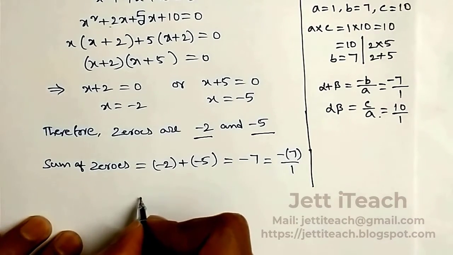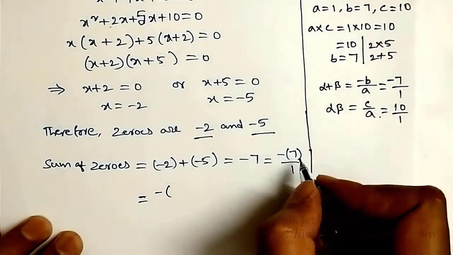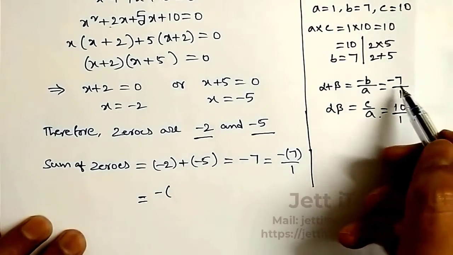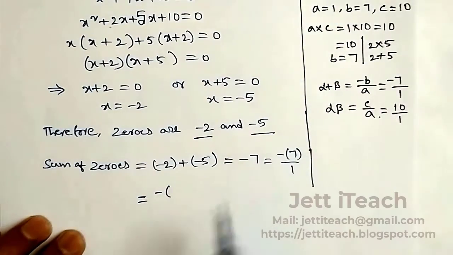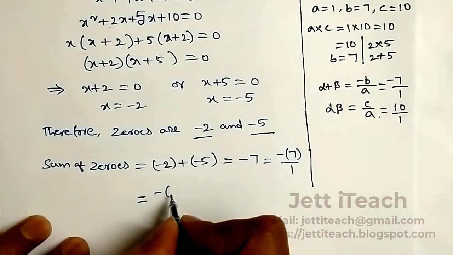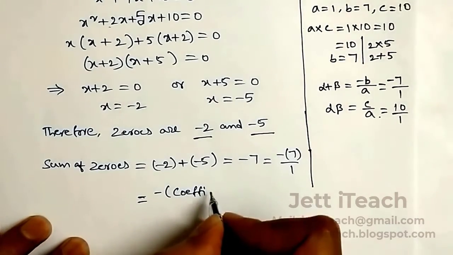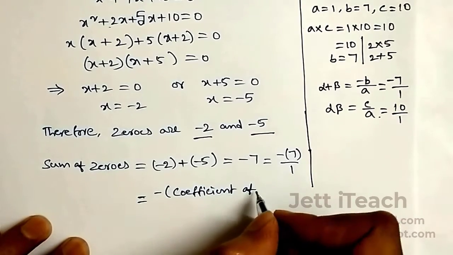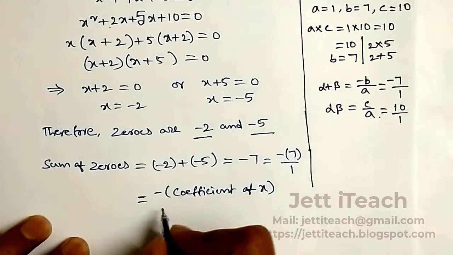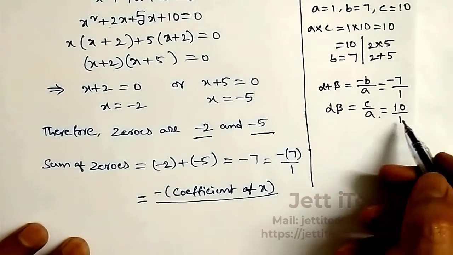Now, what is 7? 7 is nothing but b. What is b? Coefficient of x. And what is 1?